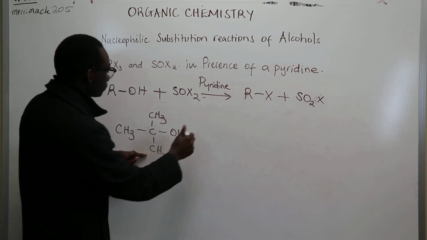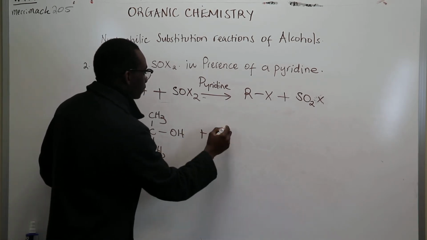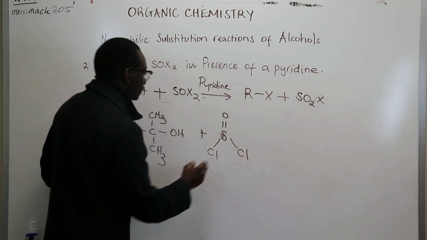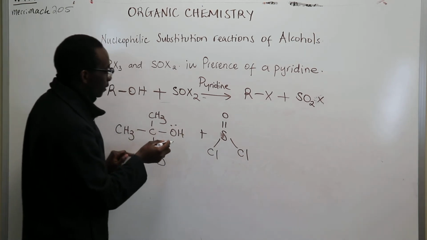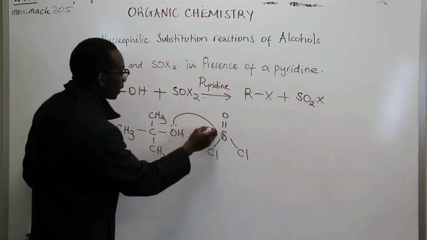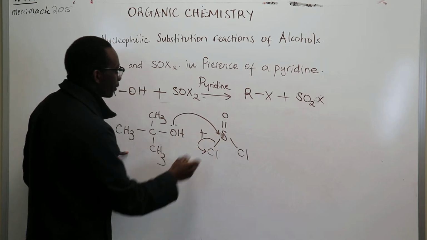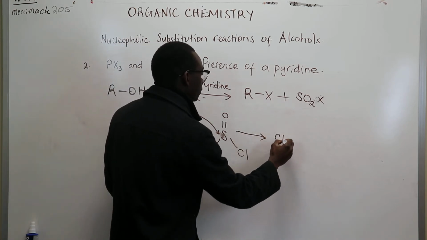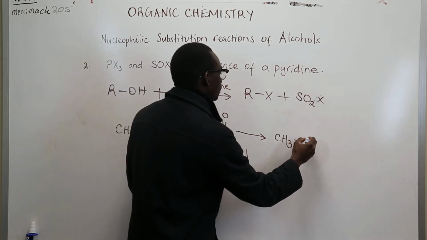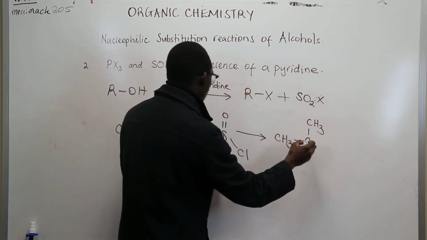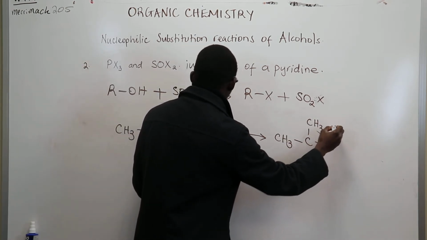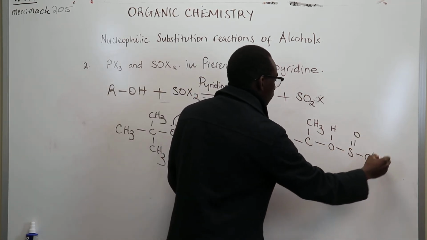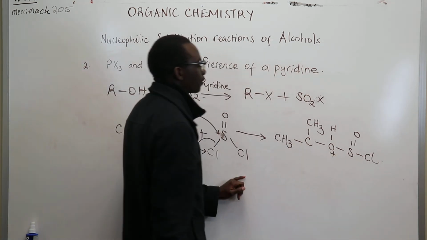So now, just like we saw in the previous mechanism, the lone pairs of electrons from this oxygen attack the sulfur, and one of the chlorines will break off, and it will give us this intermediate with a plus on the oxygen.